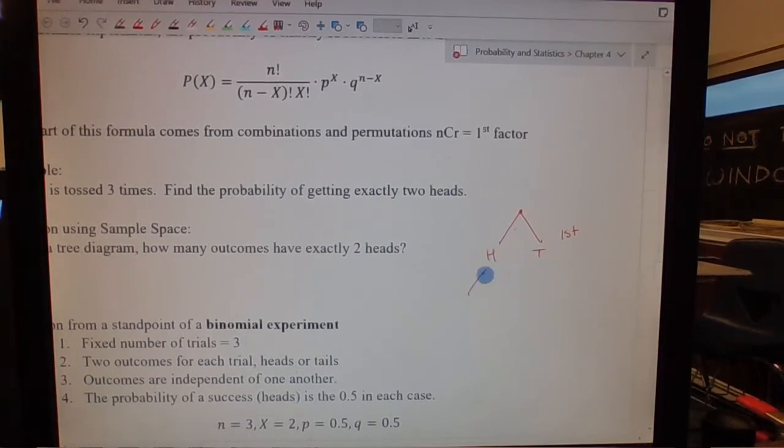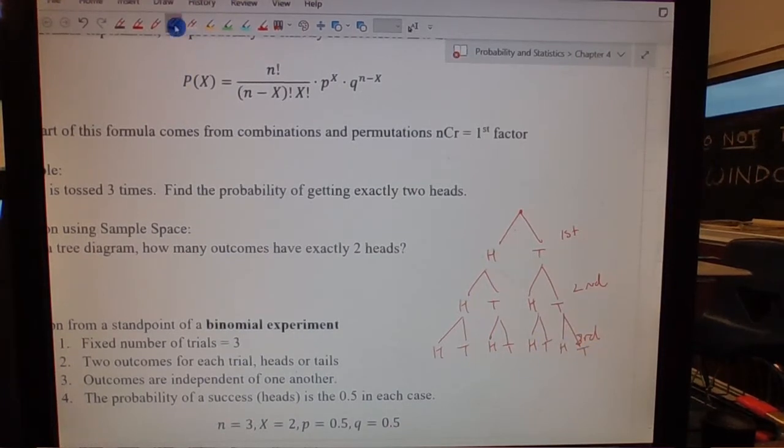Then on the second toss, we could have heads or tails after a heads was realized first, or we could have heads or tails after a tails was realized first. And then on the third toss, it's the same concept: heads or tails there. Does everybody remember doing this? Yeah. Okay.